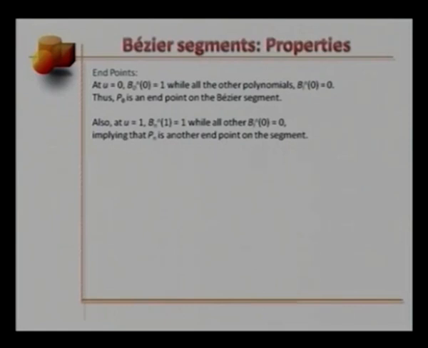Now, this is true for any n degree Bezier curve. For parameter value u equals 1, the last Bernstein polynomial is 1, while all other polynomials are 0. This would mean that the last design point, p sub n, is another endpoint on the segment.